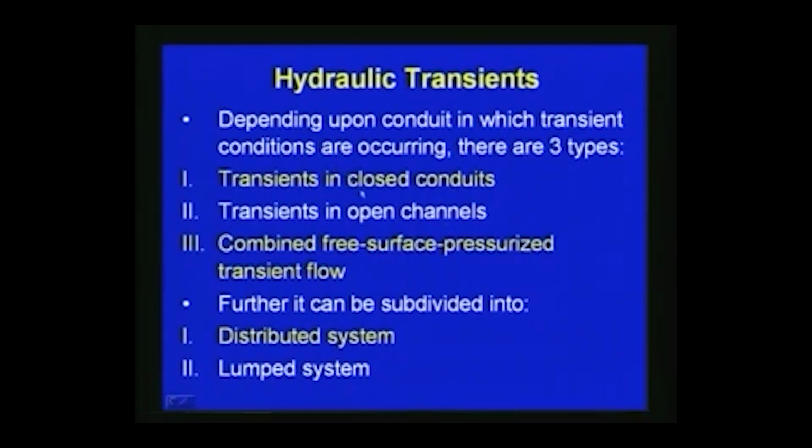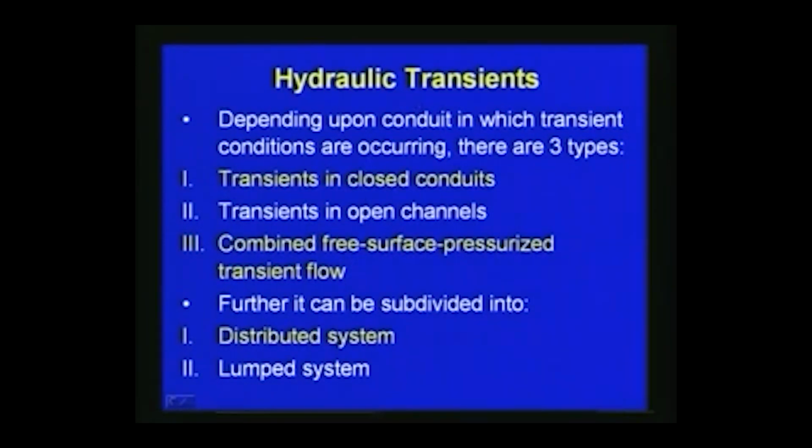The first is hydraulic transients in closed conduits, like pipes, which we will be discussing here. Then, in open channels also we can have transients, that is transients in open channels, and then we can have combined free surface and pressurized transient flow, and that is the third kind of system.